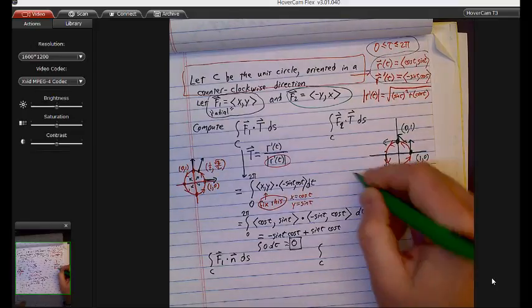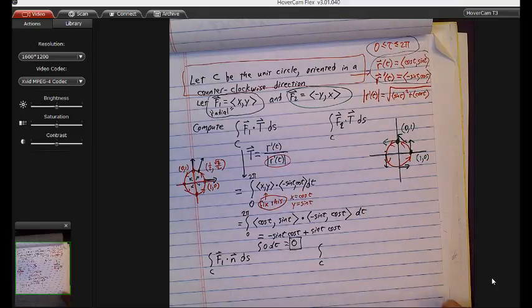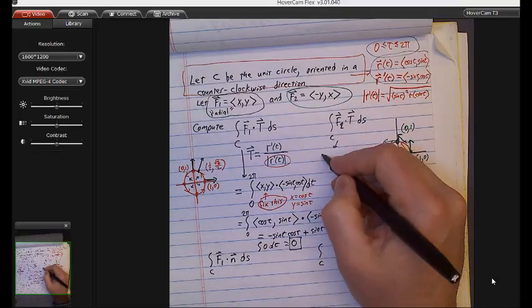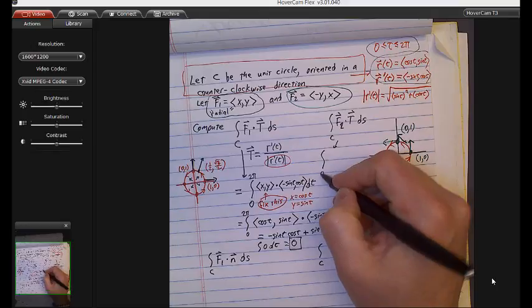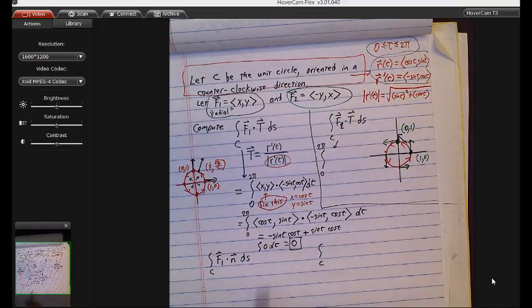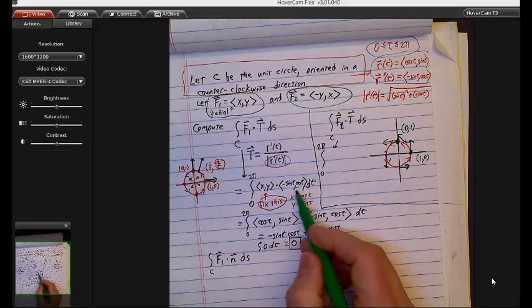You can see after some work that this is the ideal way to compute the work done by this force. And so what changes? Well, not much. When we do our integral, it's still going to be from 0 to 2 pi. We still do the same parameterization.